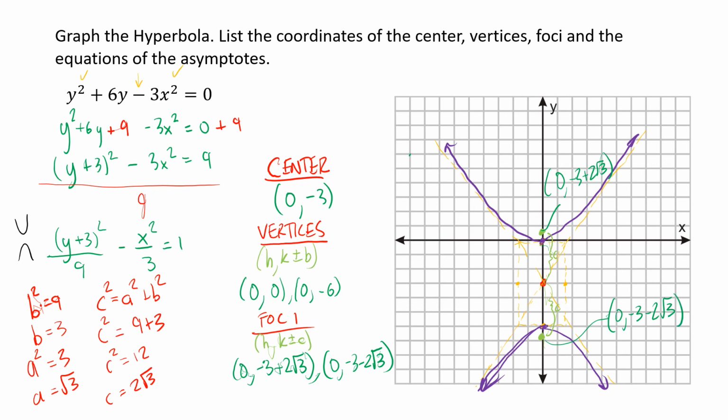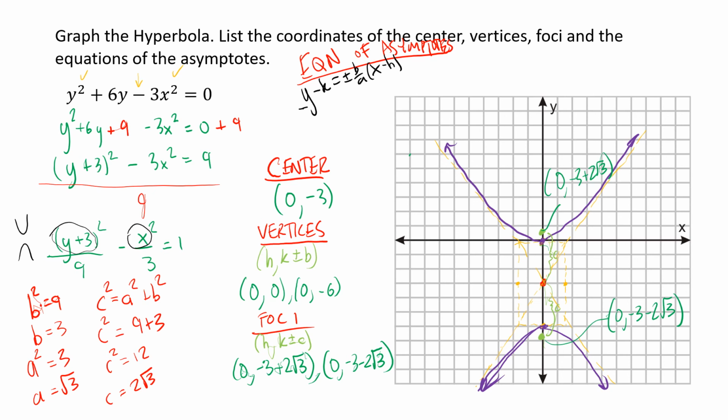And then the last thing that we didn't put is the equation of asymptotes. Okay, so remember, that was this, right? y minus k equals plus or minus b over a times x minus h. So we actually have y minus k, it's this whole thing right there. And we have x minus h, it's this right here.